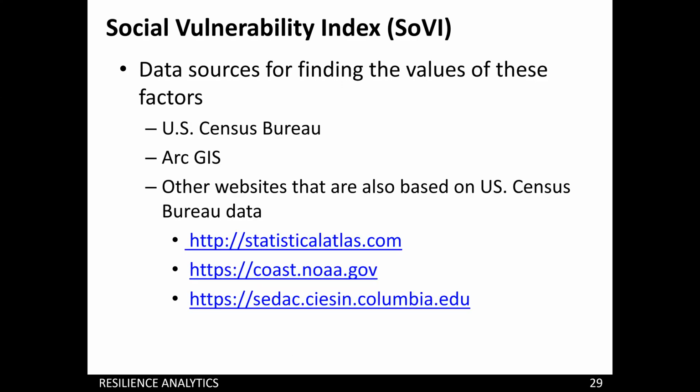And so all 11 of these variables, or proxies for them, right? So these might be more qualitative kinds of variables, and proxies for them can be found from essentially the US Census Bureau and some other related sites associated with census data and ArcGIS geographic information systems.